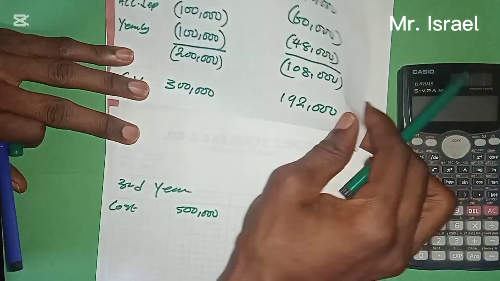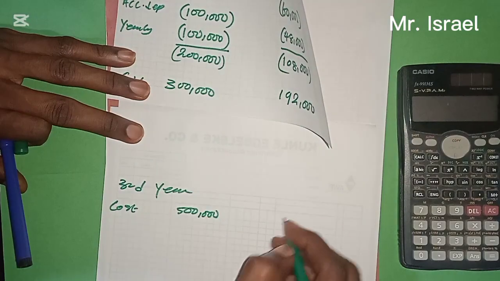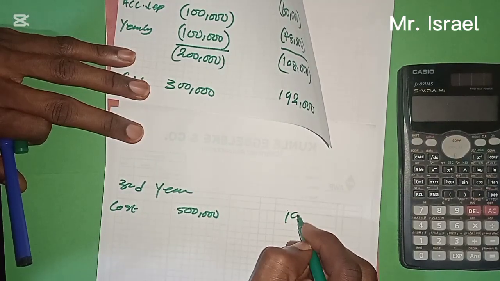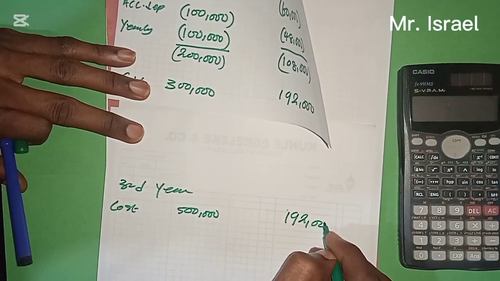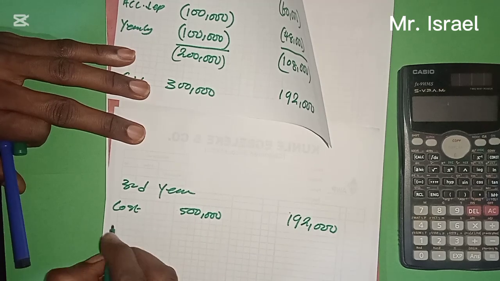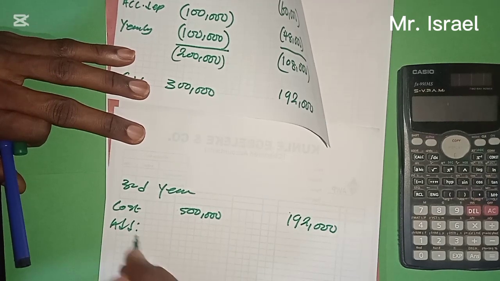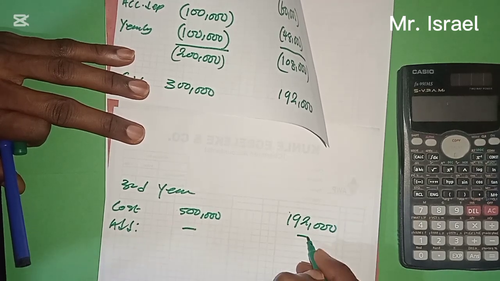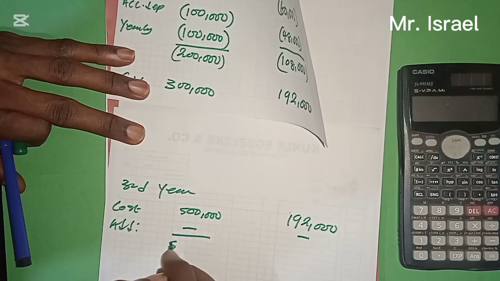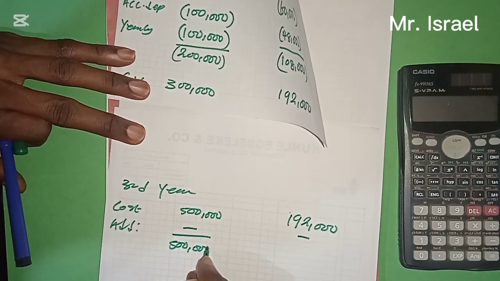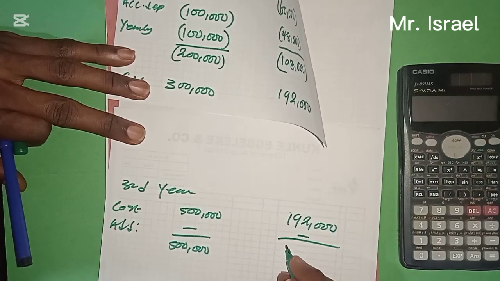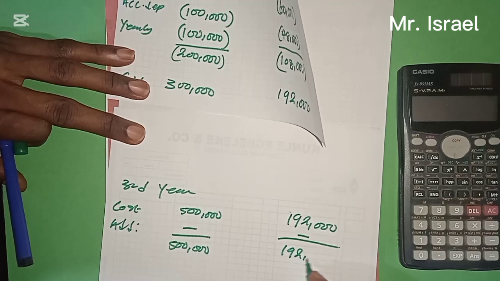For the reducing balance, we pick 192 because that is the carrying amount. Right? Is there any addition for the purpose of this lecture? There is no addition. This will give us 500. This will give us 192.